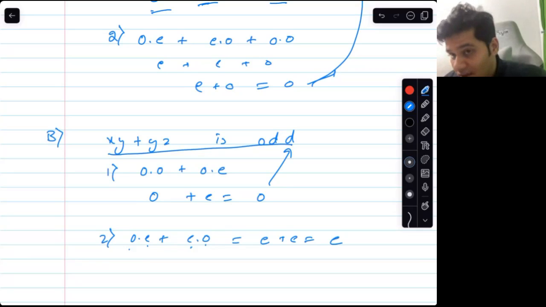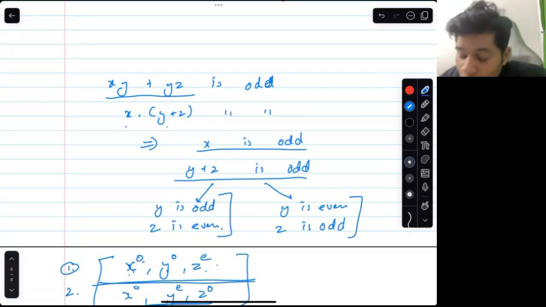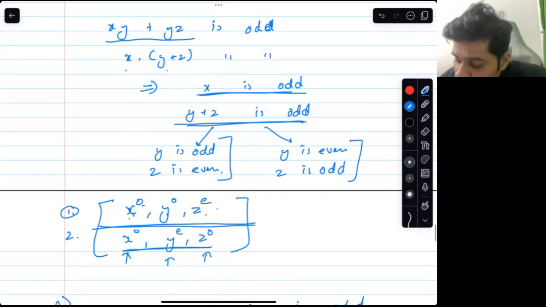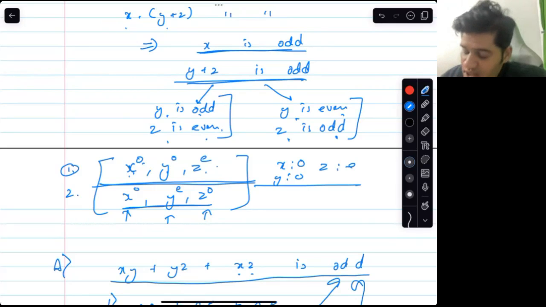My question to you, if you are actually following me, please see this. So we had deduced x into y plus z is odd. X is odd, y plus z is odd, implied either y is odd, z is even, or y is even, z is odd. So we had two cases. The first case was x is odd, y is odd, z is even. The second case was x is odd, z is odd, y is even. Alright.